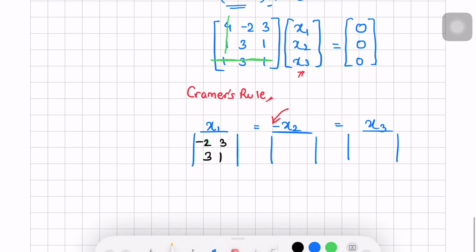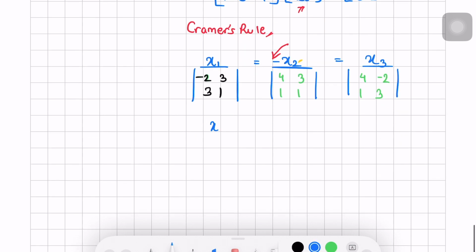Similarly, for x2 we will ignore the second row, and then we will find out the determinant of 4, 3, 1, 1. Similarly, for x3 we will ignore the third row and calculate the determinant of 4, minus 2, 1, 3.